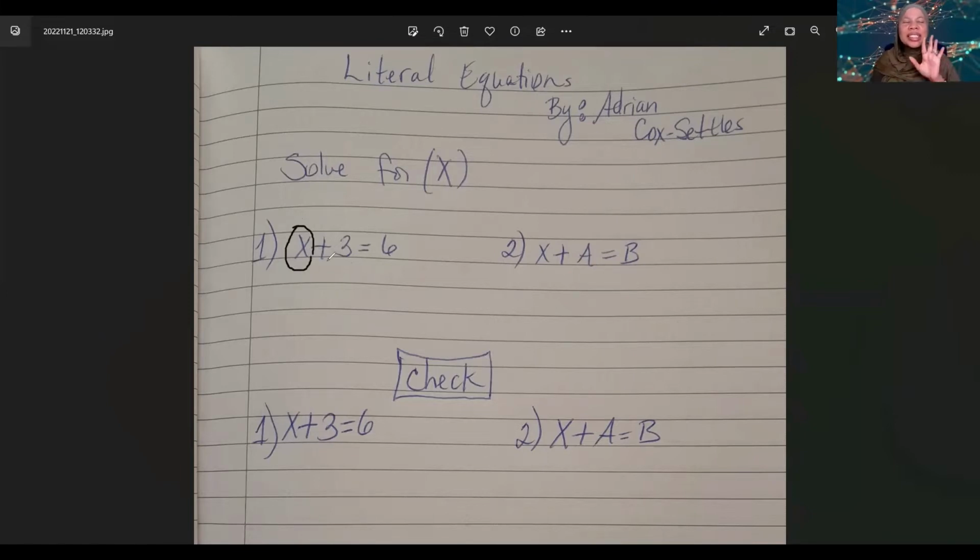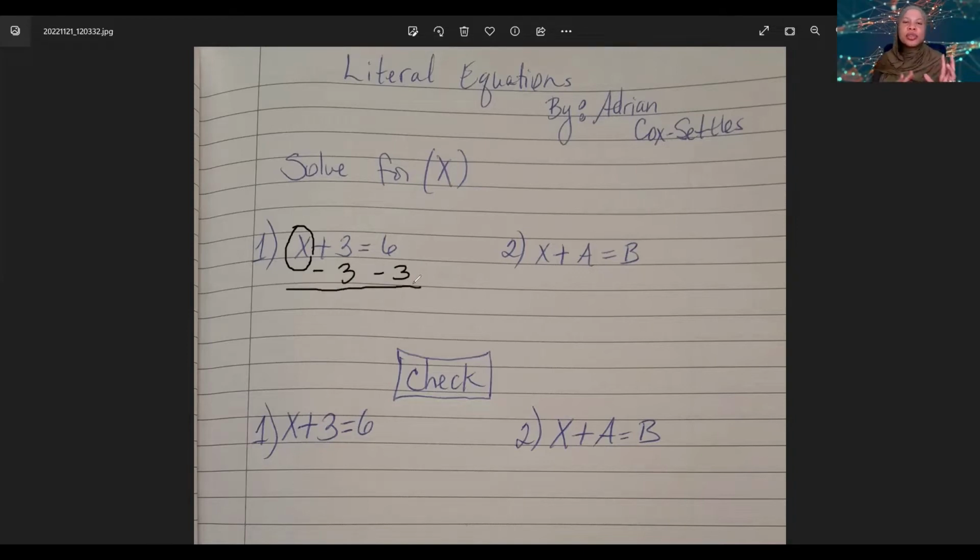That's something you don't want to touch until the very end. I'm circling the x because I don't want to touch it until the end. Don't move the x, leave the x alone, okay? Don't touch it. All right, now, since it says plus 3, the opposite of addition is subtraction. So we subtract 3 from both sides, okay?